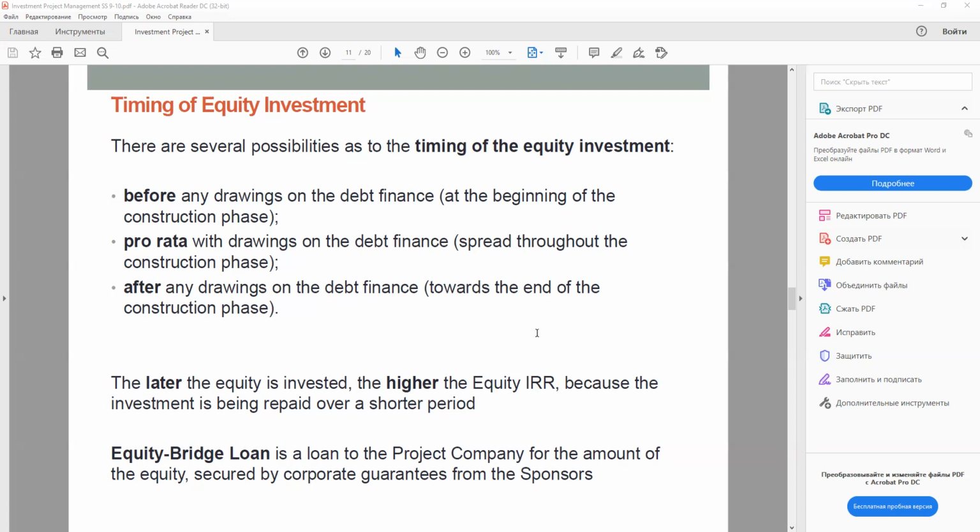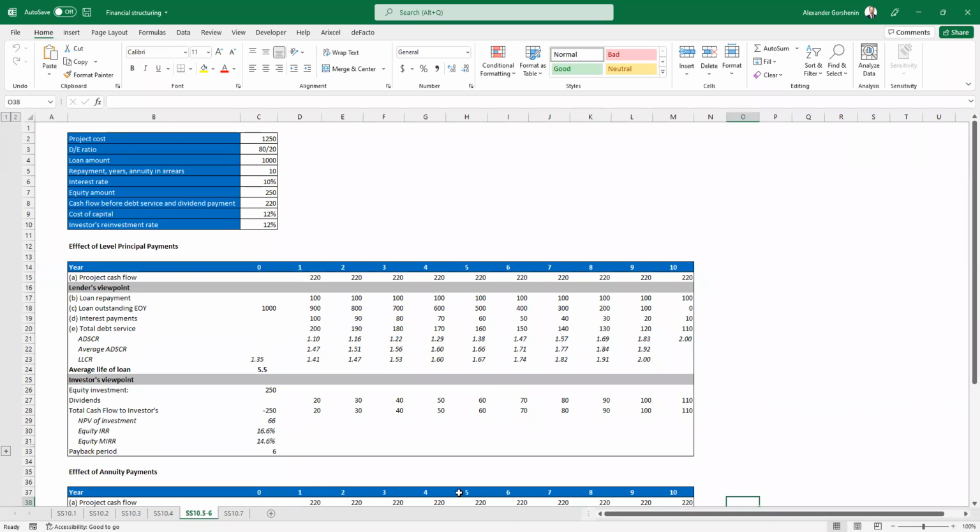For example, let us switch now to the Excel. Give me a few minutes. So I will share now the Excel. We have this calculation. I will also provide you with the spreadsheets.